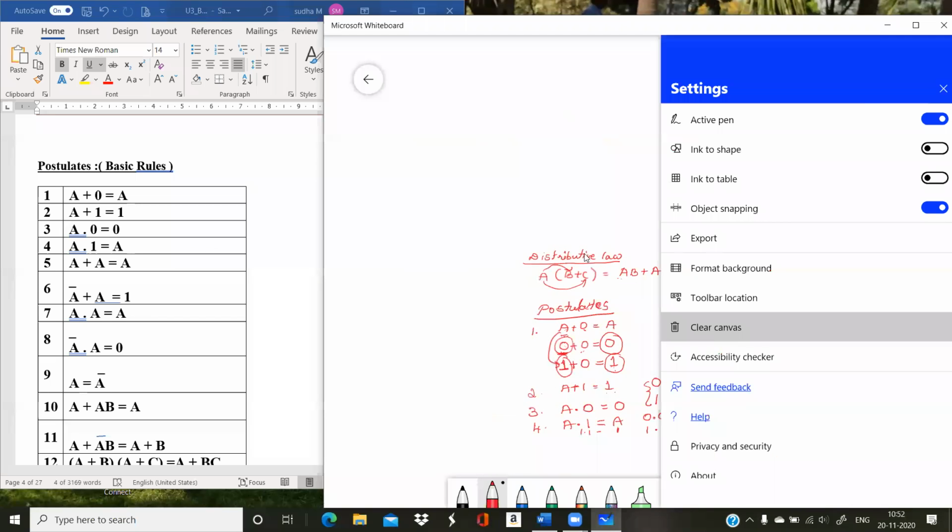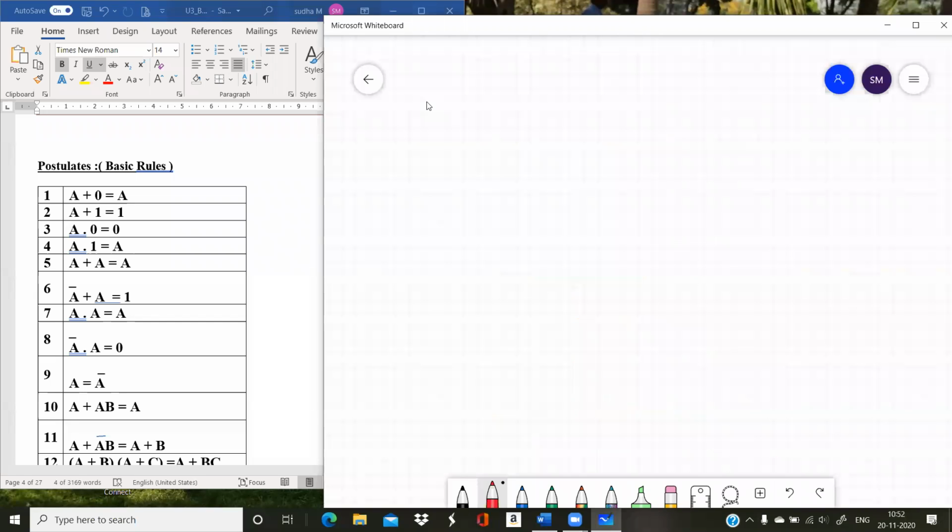Let us consider the next rule, the fifth rule: A plus A is equal to A. All the rules you have to verify by applying 0 or 1 to the variables.